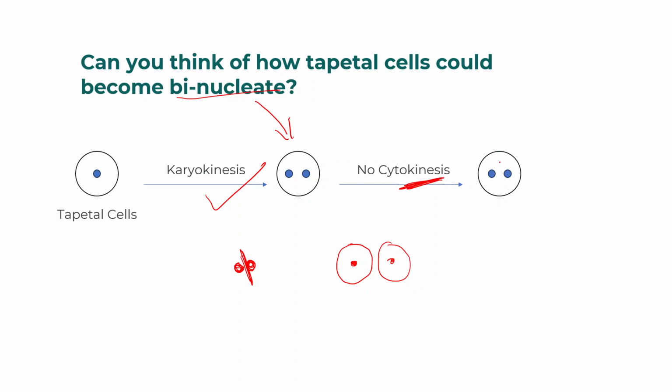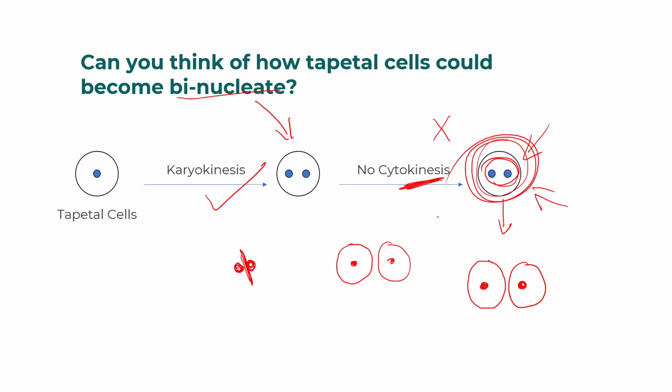Normally, when the nucleus divides, the cell also divides. But in the tapetal cells, the condition is not similar like that. No cytokinesis occurs. So you could see this situation where both the nuclei end up in one cell. That's why the tapetal cells have two nuclei.